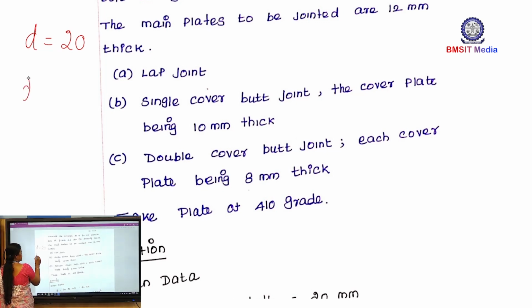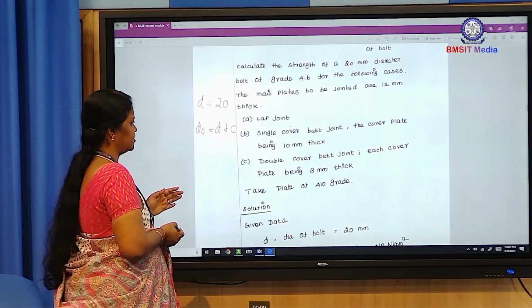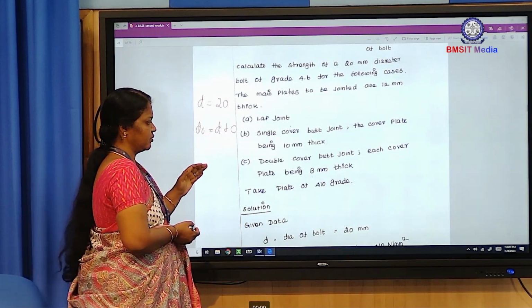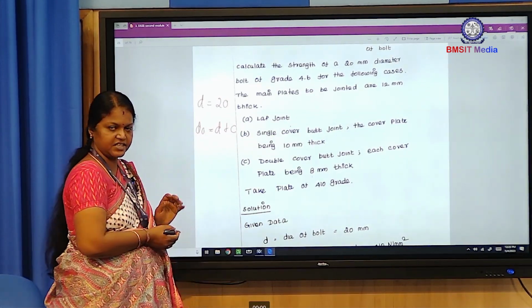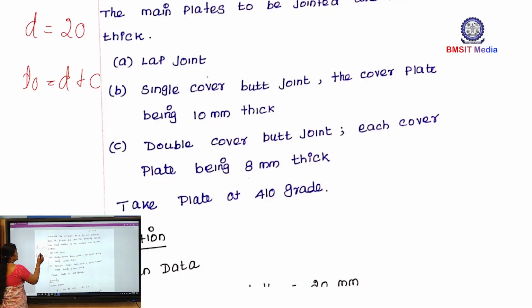We need to calculate d naught also. d naught equals d plus clearance. I have already explained that up to 24 mm the clearance is 2 mm, and this value is available in IS 800-2007 also. So d naught equals 22 mm.